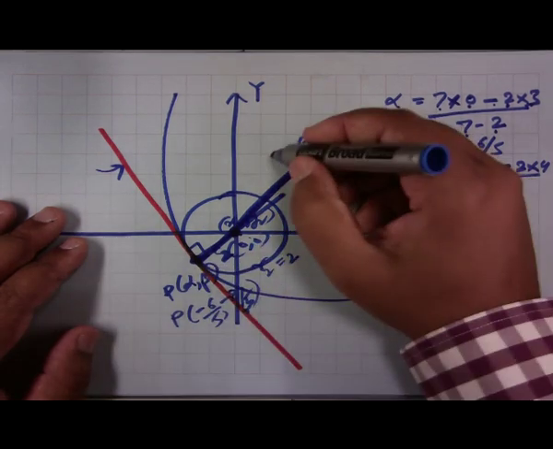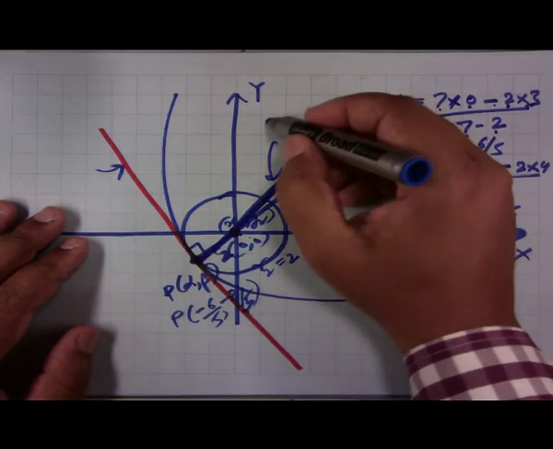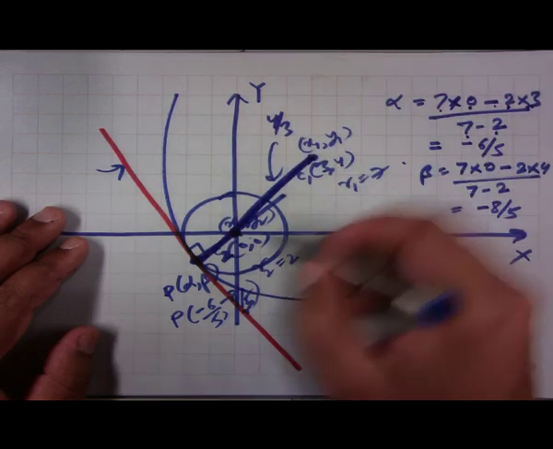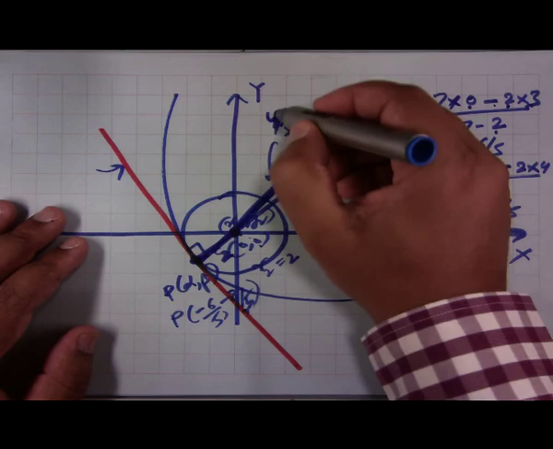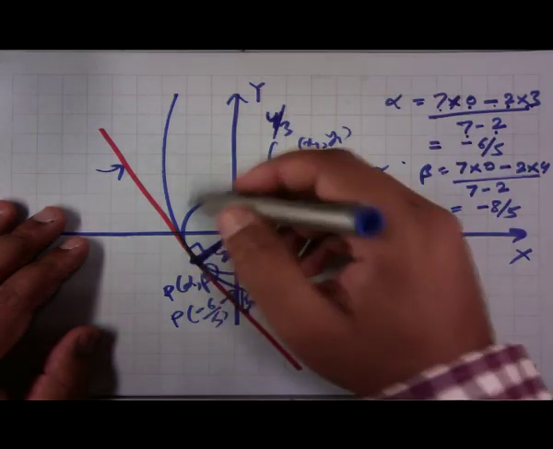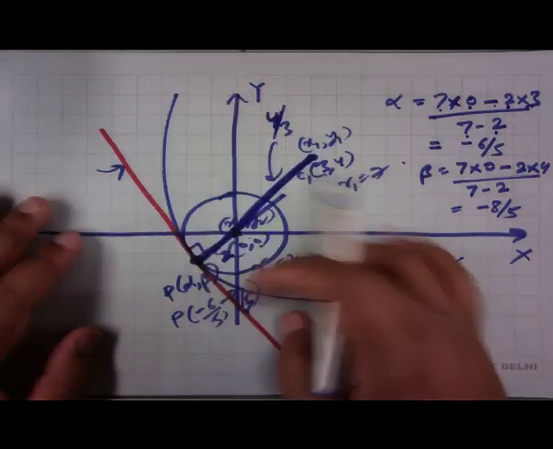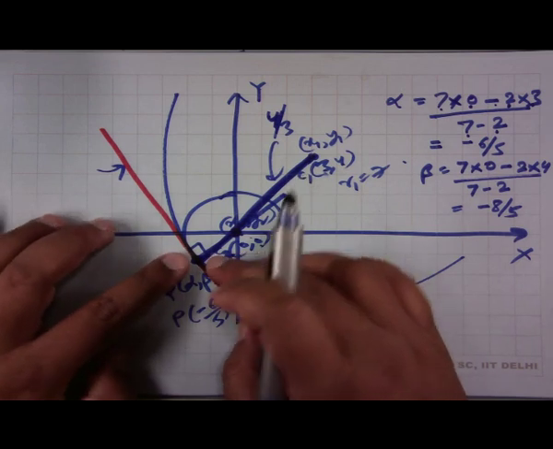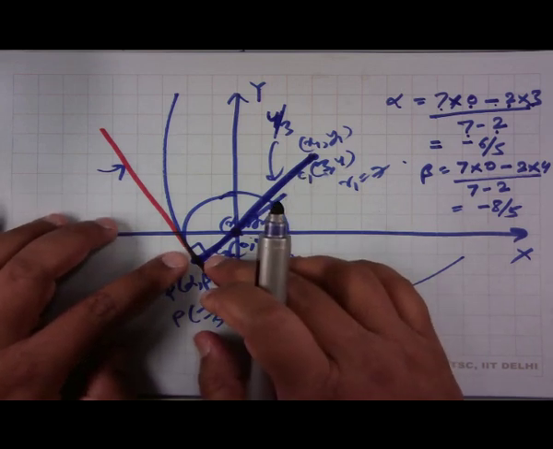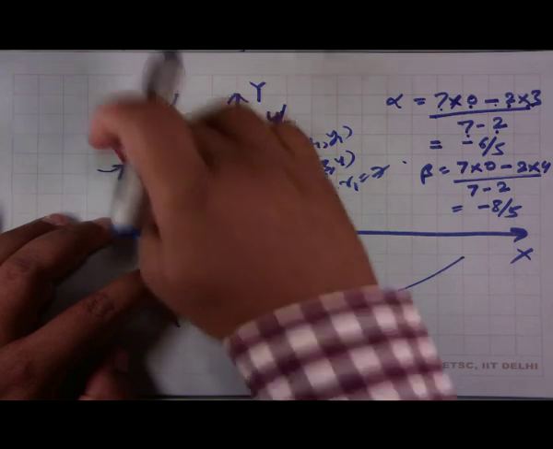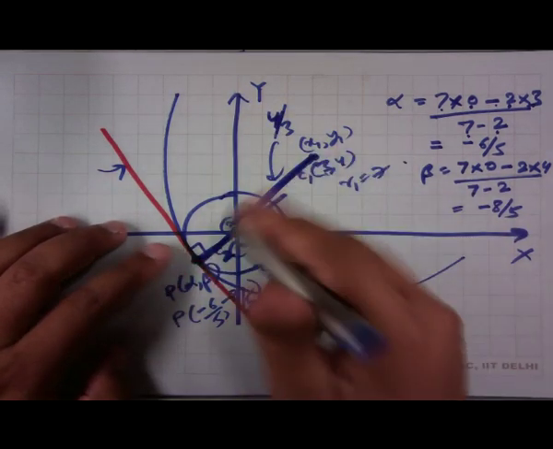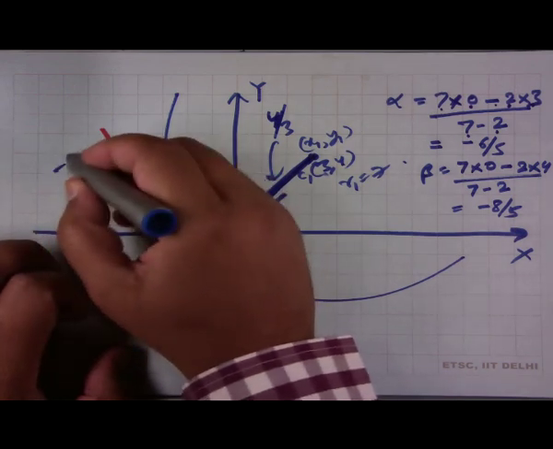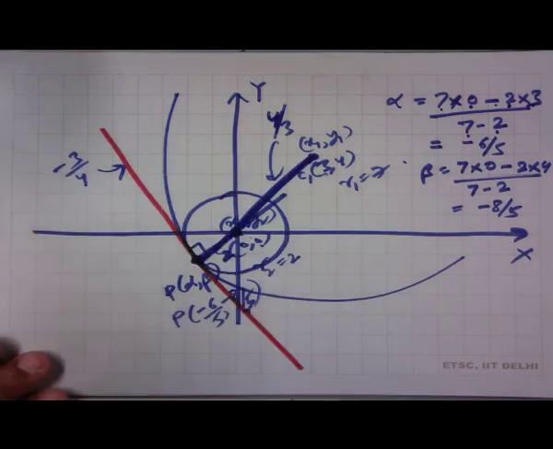Now, the slope of this line is 4 by 3, because it is 4 minus 0 divided by 3 minus 0. Since the product of the slopes of two perpendicular lines is minus 1, the slope of this line, which is perpendicular to the C1C2 line, has to be minus 3 by 4.